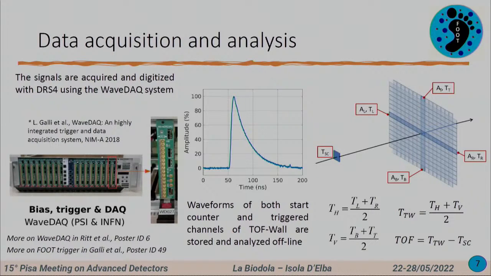Then this information was combined together to obtain the time of flight for each fragment. You can find more information about the WaveDAQ system on the poster of Stefan Ritt, and more information about the trigger of the FOOT experiment on the poster of Luca Galli.